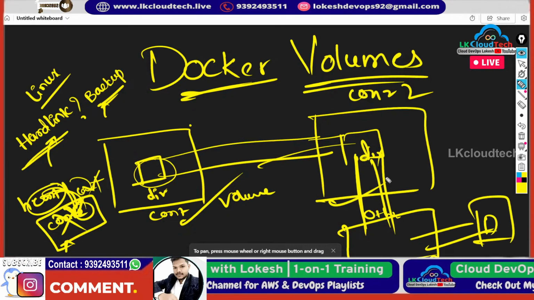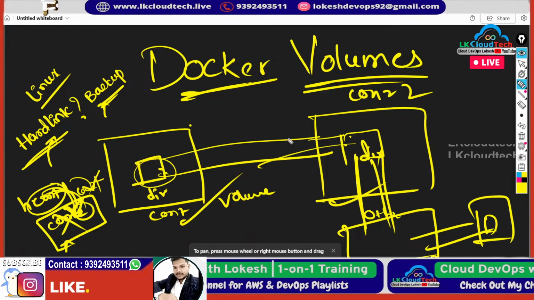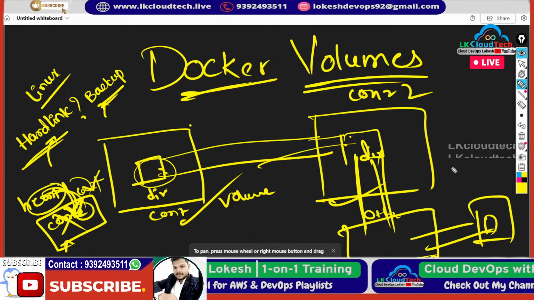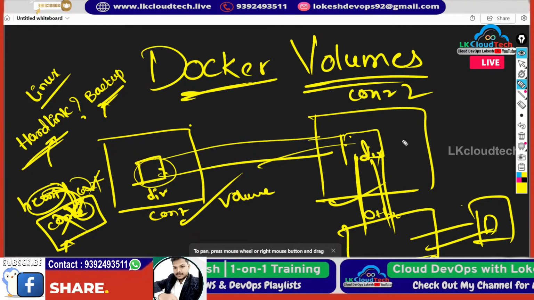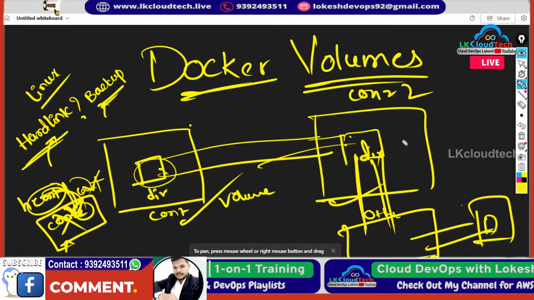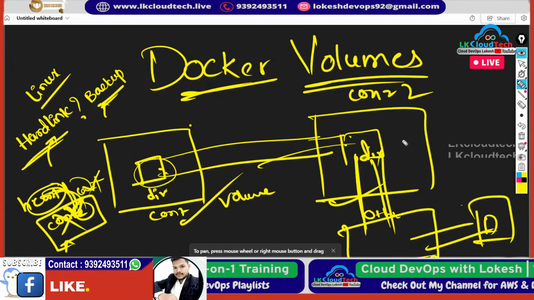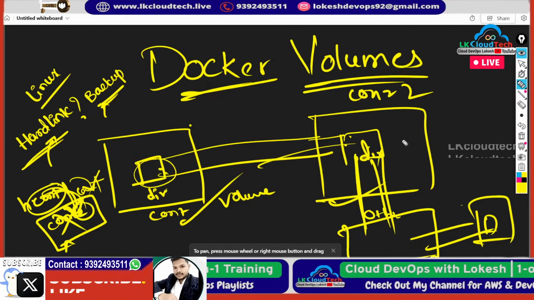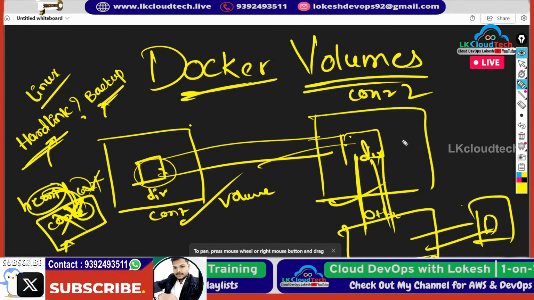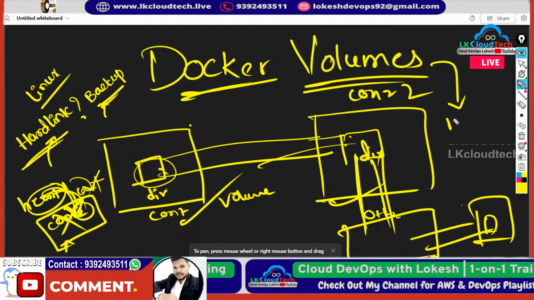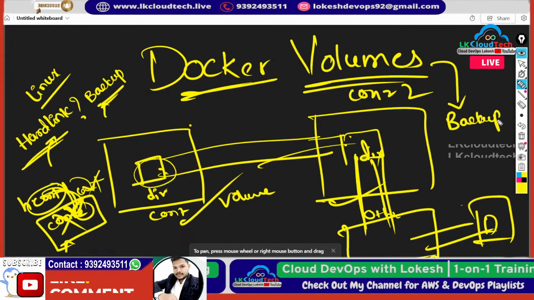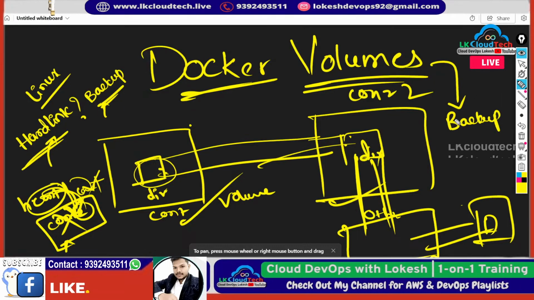So you can share one file among all kinds of containers. Am I clear? Facilitating data exchange and coordination between services. Backup also: what is the purpose of a volume? Definitely backup comes into the picture. It will act as backup and restore.